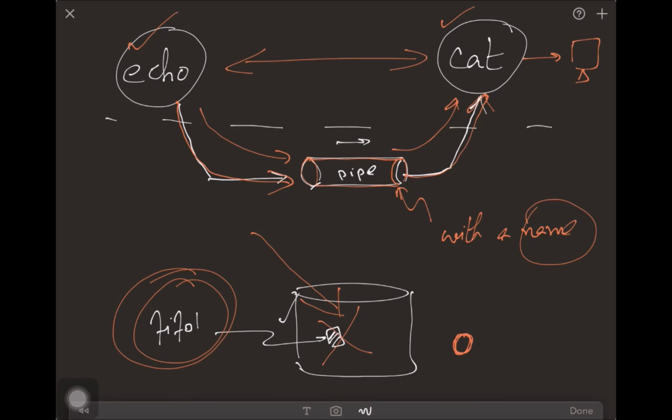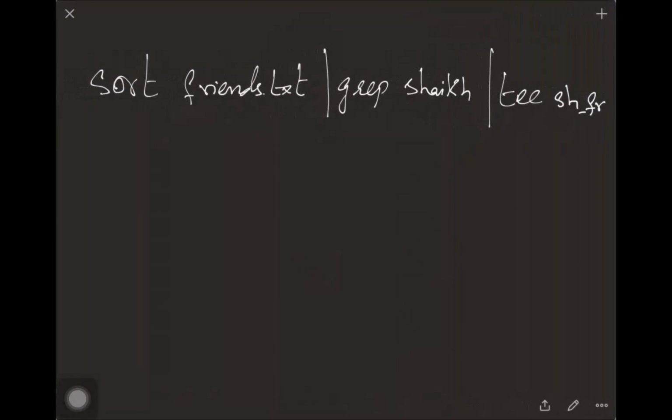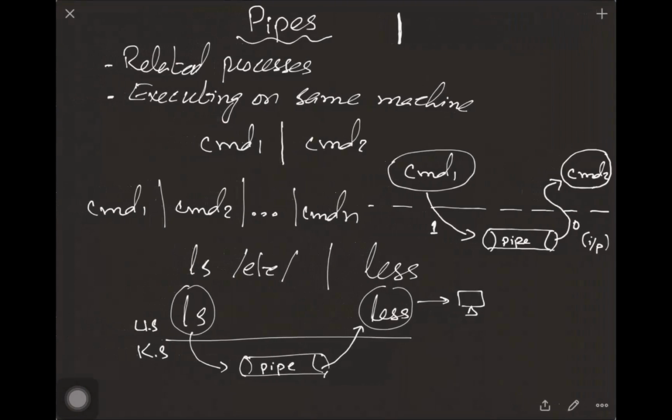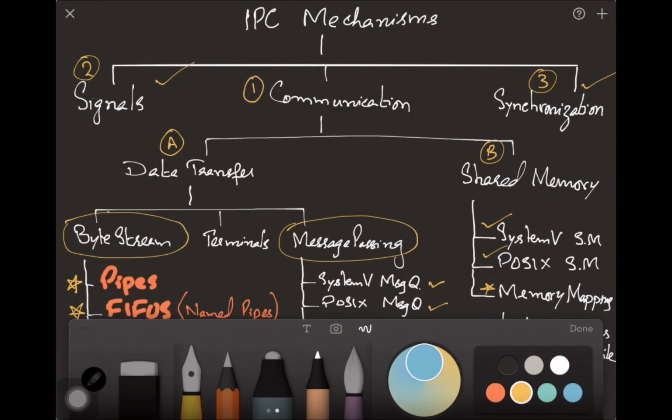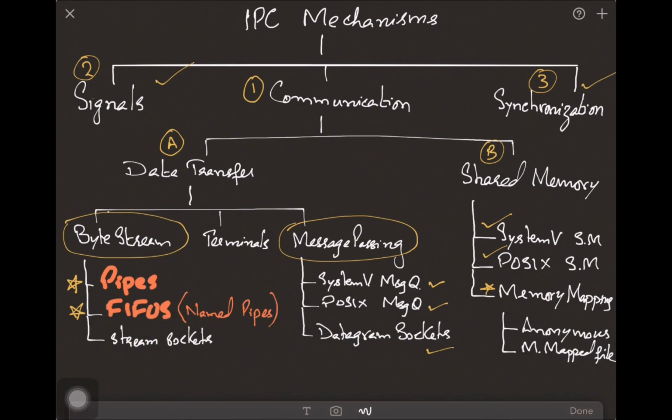So that is all, gentlemen, what I wanted to tell you today. Let me summarize again. I started with the IPC mechanism, and I wanted to talk about the communication portion, and in the communication portion I talked about the data transfer portion, and in the data transfer portion I talked about the byte stream, that is transferring data byte by byte, and I talked about pipes and FIFOs.